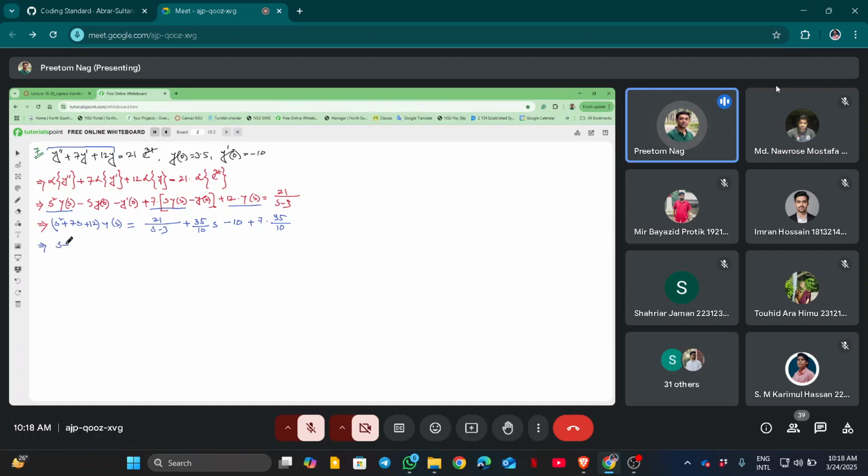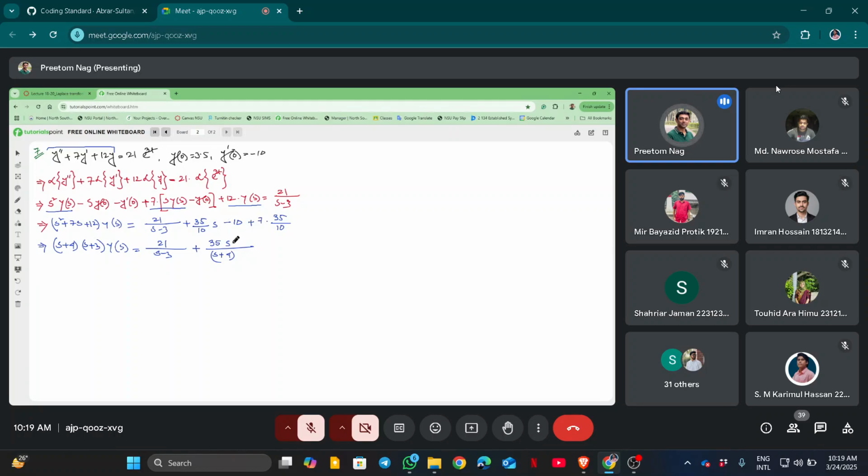Let's convert it to s plus 4, s plus 3 into Ys equals 21 over s minus 3 plus 35s by 10 plus 35 by 10 times 7.